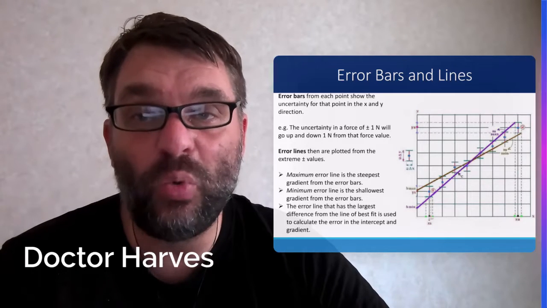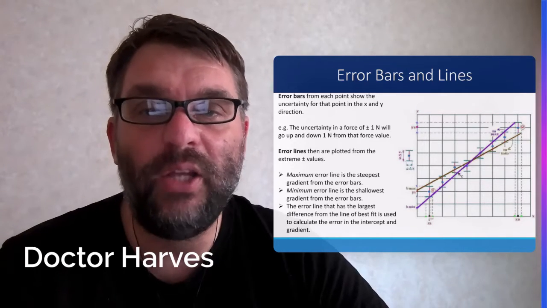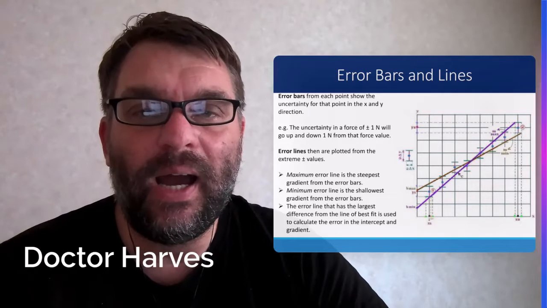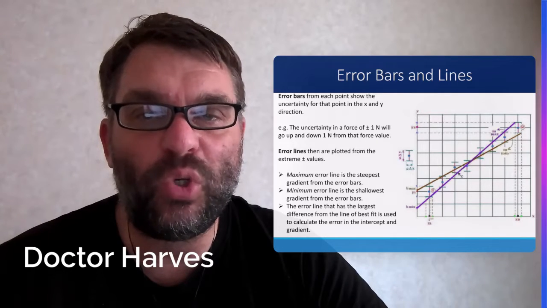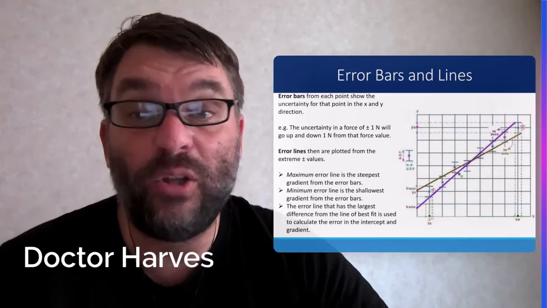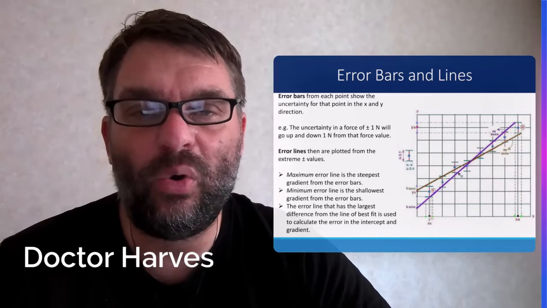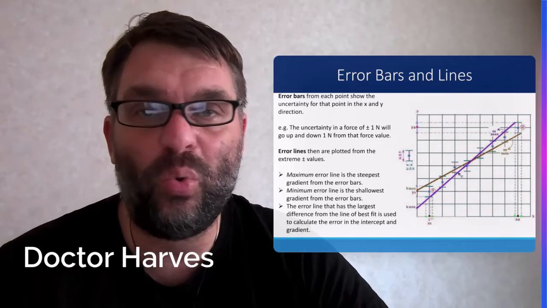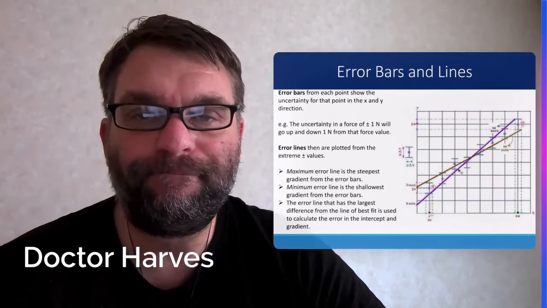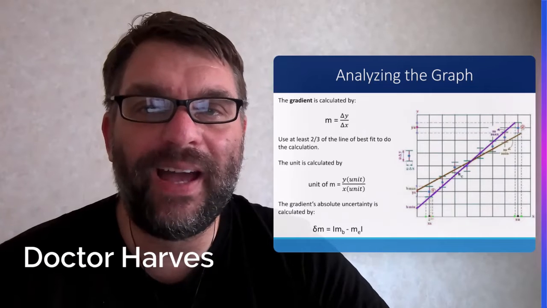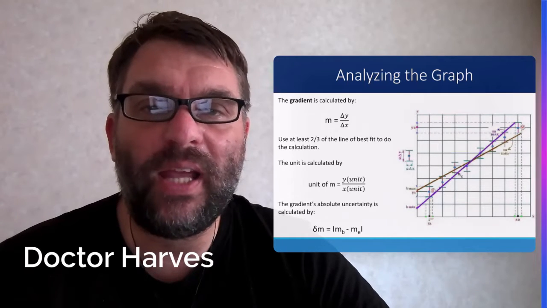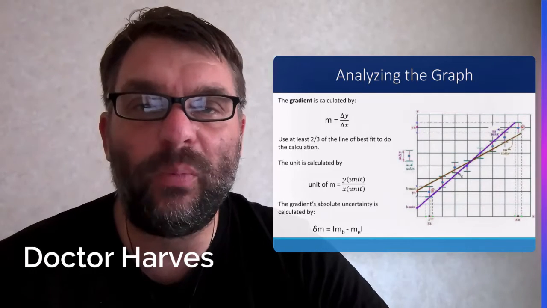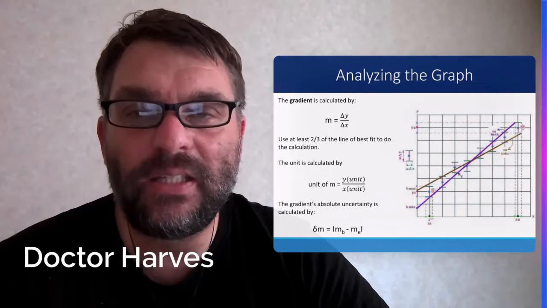And the error line you will choose to work out the error in your intercept and gradient will be the one which is the largest difference from the gradient of your line of best fit, which you'll also have to calculate. So in terms of the gradient, it's going to be calculated by the change in the y variable divided by the change in the x variable.